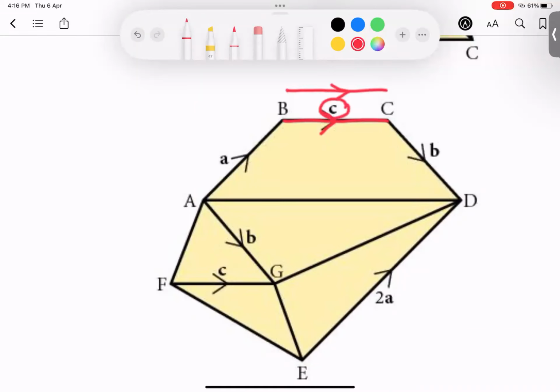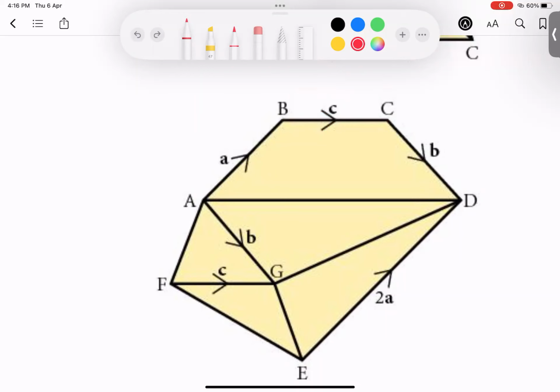C. Okay. The interesting part: when I go backwards, like C to B, this will be minus C. Very clear, because the rule of the vector is that when I go backwards, the sign will change. Simple and clear. Okay, so make sure.